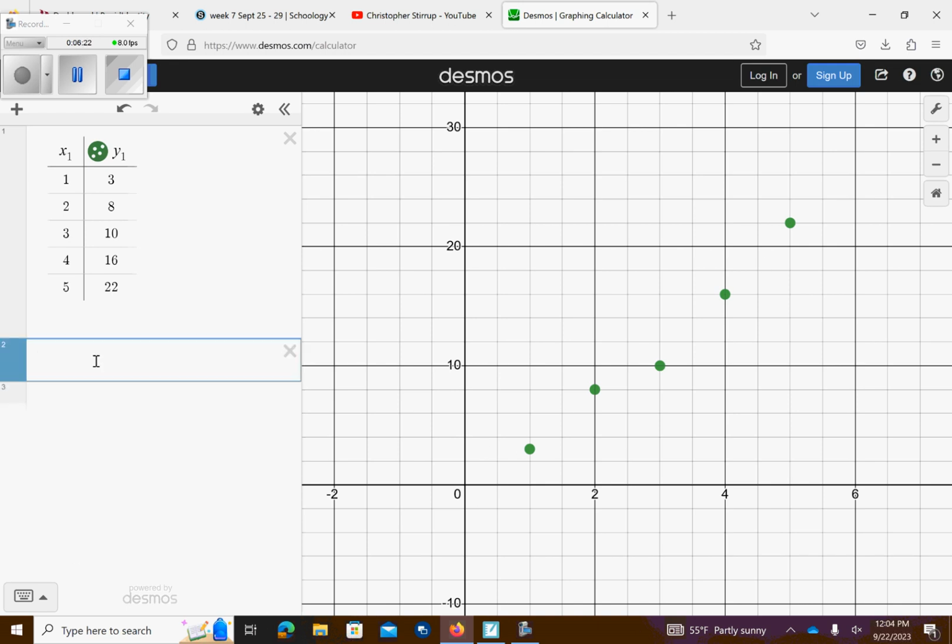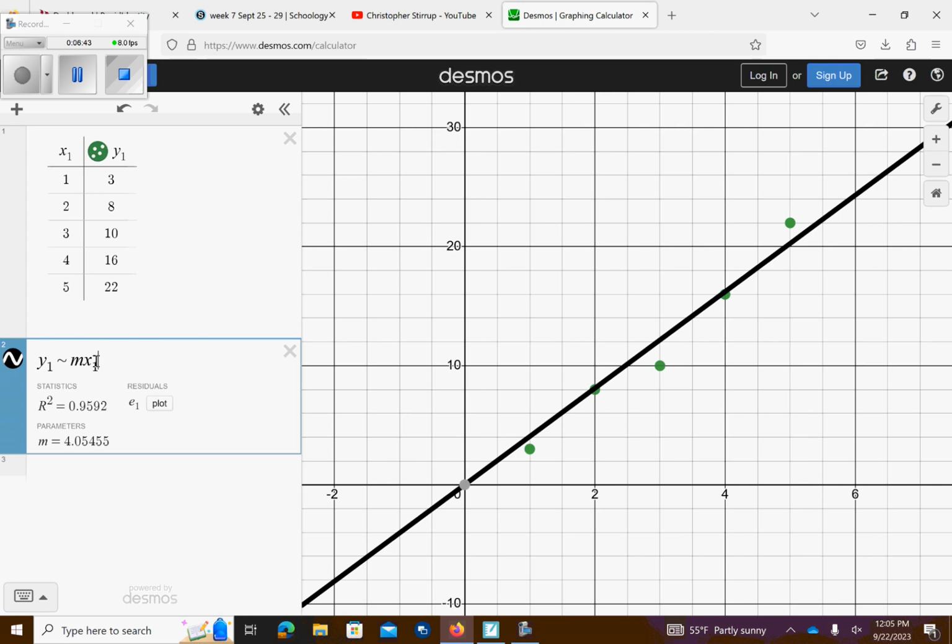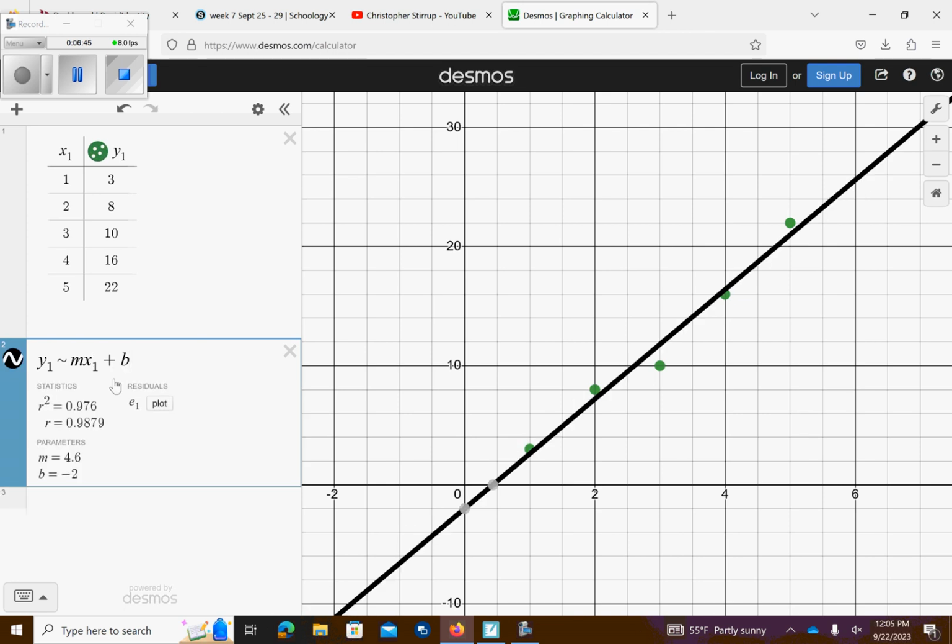What we can do from that is hit Y1 and use the little tilde button. We don't have to know this for tonight, but I wanted to show you what's going to take place. The little squiggly, it's the shift next to the 1, then mx1 plus b.